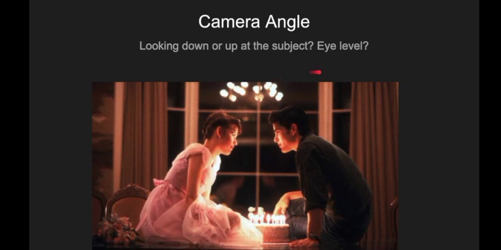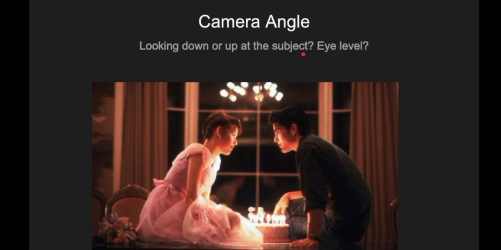Now we have camera angle, and this is also just as important as shots. What you want to ask yourself when you evaluate something is whether the camera angle is looking down or up at the subject. If it's looking down at a subject, it probably belittles the subject, or makes it seem smaller than it is.